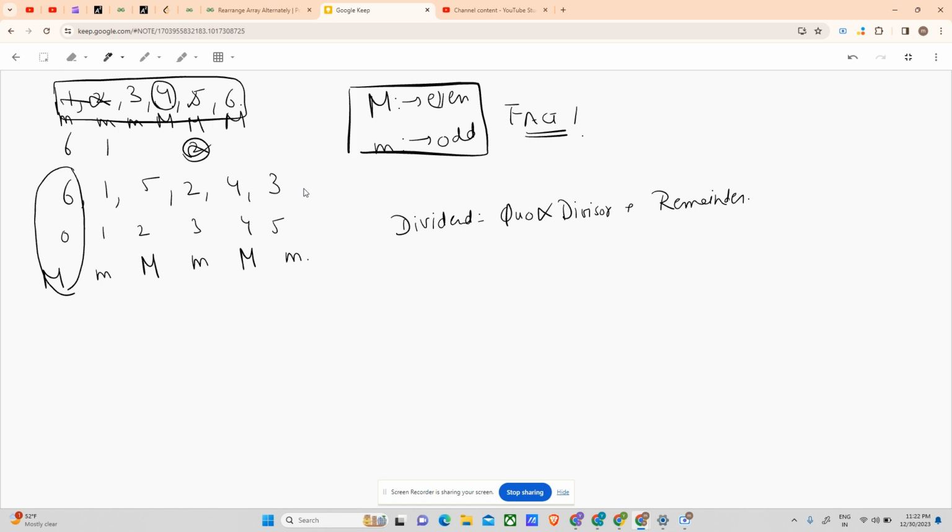The idea I'm going to use here is to store two values at the same index. Just try to remember it, because in future, if you encounter any such problem where you have to store two values at the same index, it might be possible that you are using this approach only.